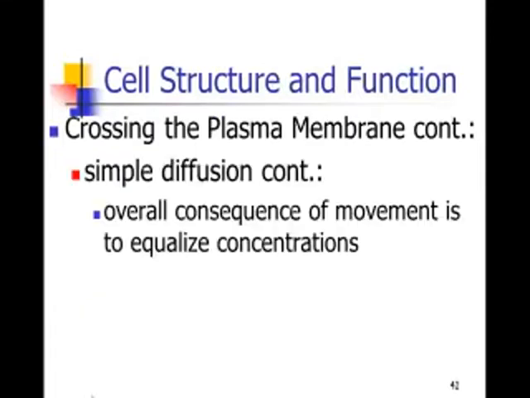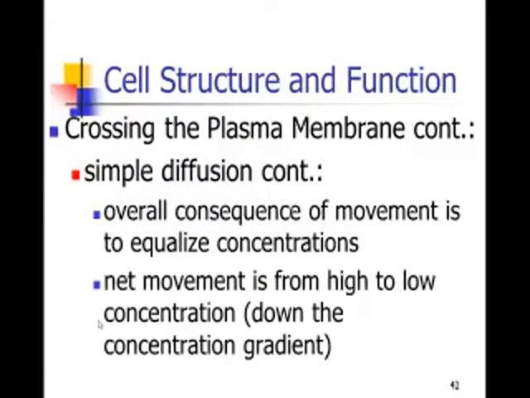So the overall consequence of diffusion is that the materials move and end up being equally distributed throughout the volume that they are diffusing within. Net movement is from high to low. That is, materials tend to go from a high concentration to a low concentration. And this is sometimes referred to as moving down a concentration gradient.